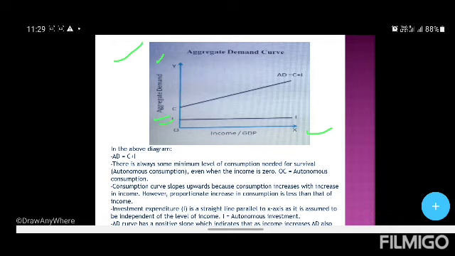And this is the consumption curve, which starts from the y-axis, because at zero income we have a certain level of consumption. Therefore, when we add C and I, we get the aggregate demand, which starts not from the origin but from the y-axis. So this is the aggregate demand curve, C plus I. By adding consumption and investment, we get the aggregate demand curve.